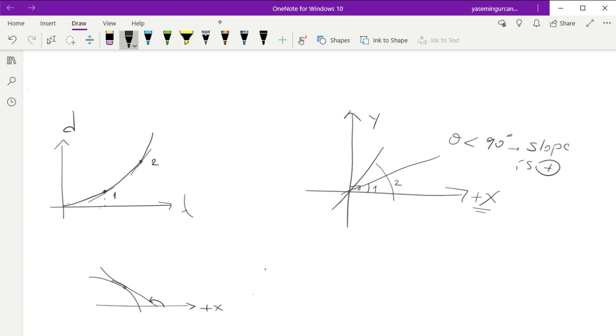If you carry this line over to the xy coordinate system, it is something like this, which means from the positive x-axis you go to the line. 90 degrees ends at the y-axis, so this angle is greater than 90 degrees. If your angle is greater than 90 degrees, then the slope is negative.